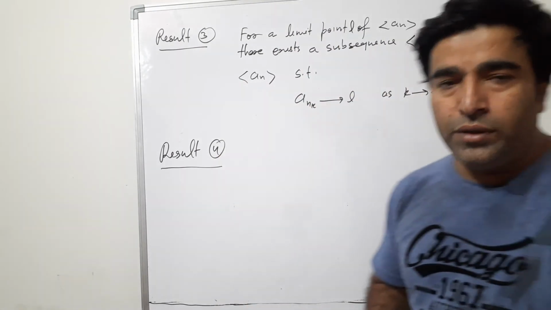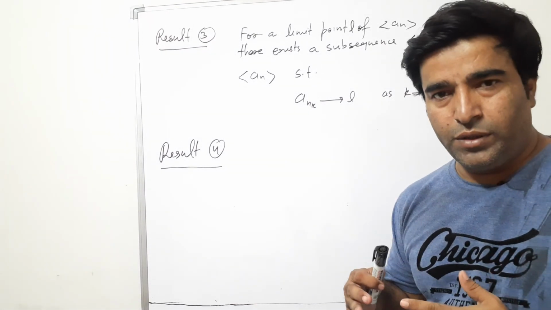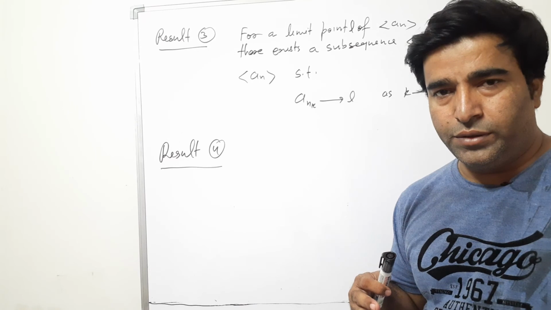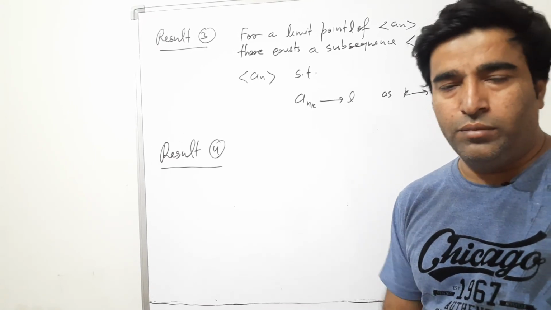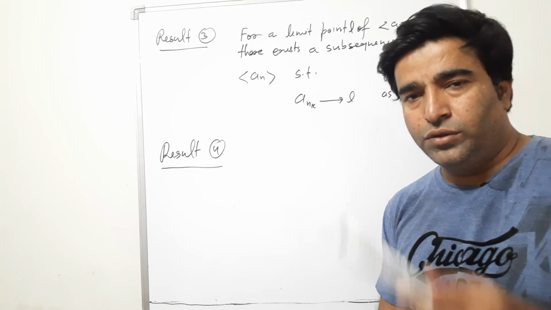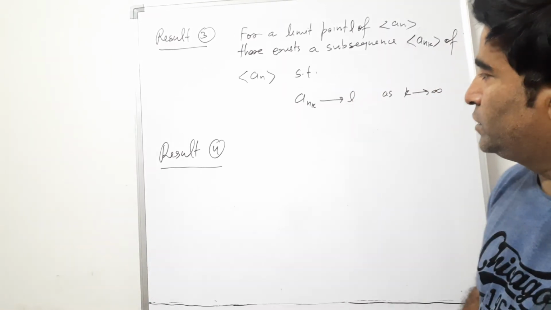In result 1, we write that if a sequence is convergent, then all subsequences are also convergent and converge to the limit of the mother sequence.